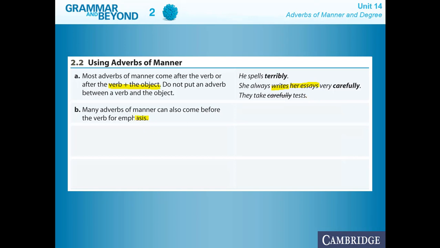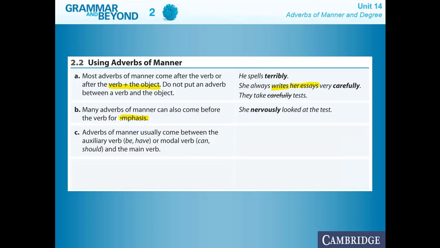This is the reason why we're going to find some adverbs before the verb. She nervously looked at the test. This is mainly used in poetic writing, narratives, and descriptions, right? When we want to emphasize the adverb.